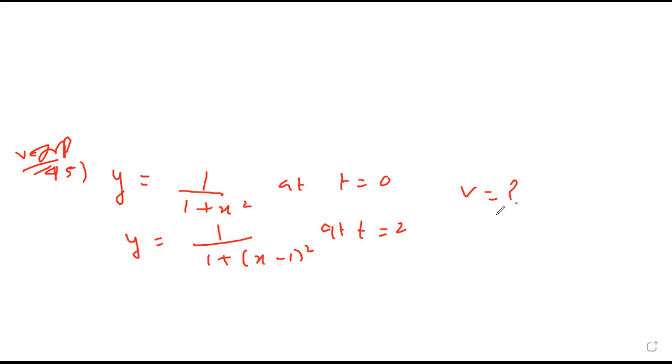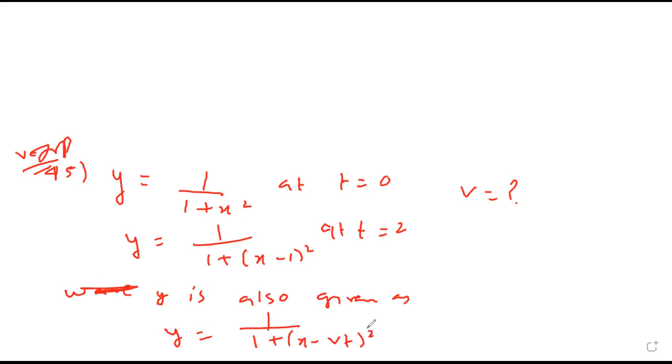Then what is the correct formula for the velocity of the wave? y is also given as y equals 1 upon 1 plus x minus bt the whole square. This is one formula. Why we can write it in terms of x like this.